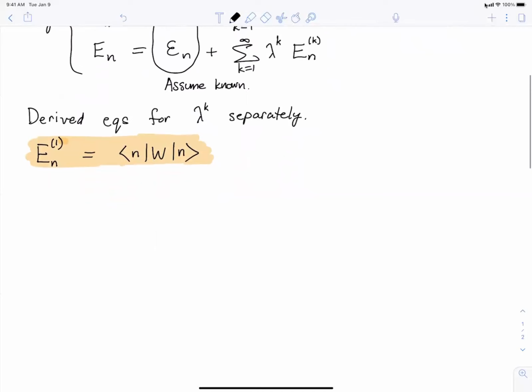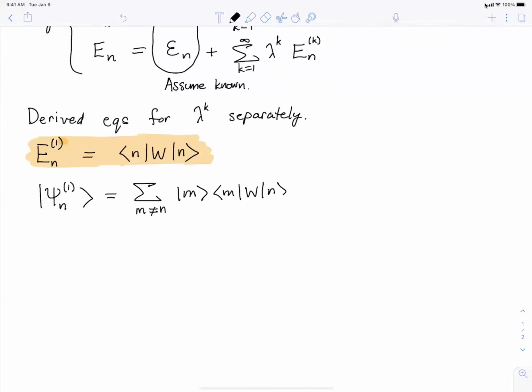And along with that, there's the first order correction to the state, which we found, although I didn't quite write it this way last time, but it's equivalent to this: a sum over all other unperturbed states m, and the coefficient of each state is the matrix element of the perturbation between the original state n and the state m that's appearing in the sum, divided by the energy difference.